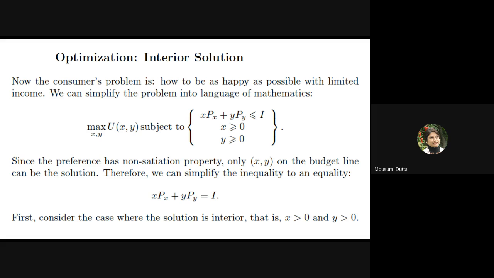Since the preference has the non-satiation property, only an (x, y) on the budget line can be the solution. If you consider a point below the budget line, there is always scope to increase amounts of both commodities.